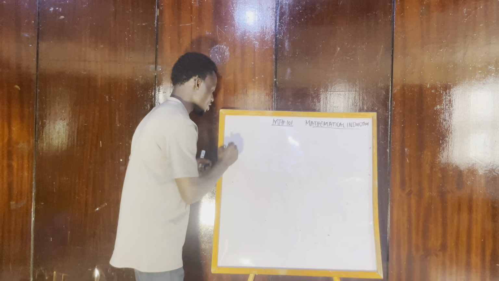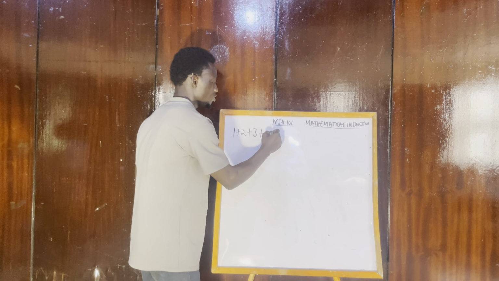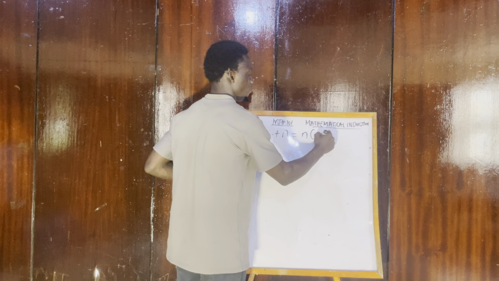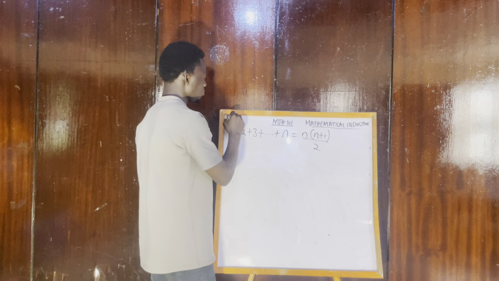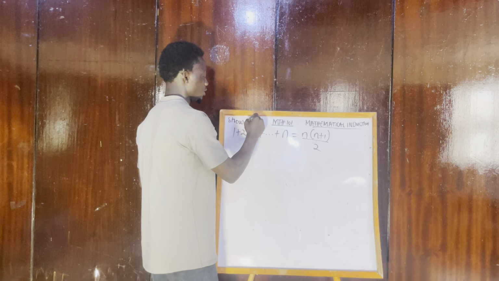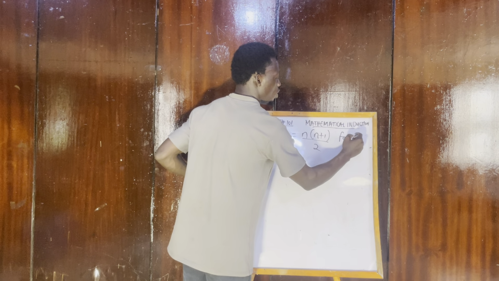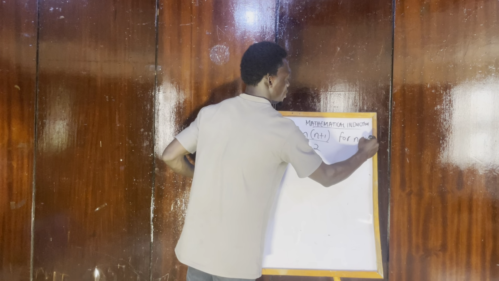Now, for instance, let's say 1 plus 2 plus 3 plus dot dot dot plus n equals n times (n plus 1) over 2. Show that this is true for all natural numbers n.